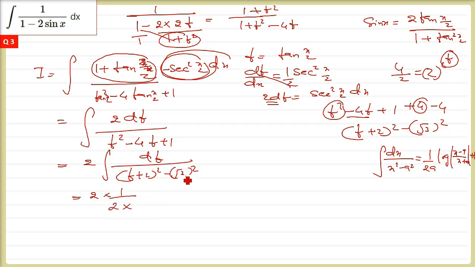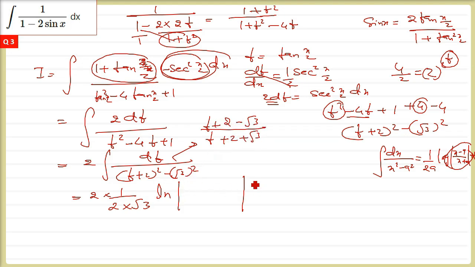So 1 by 2a, what is 1 by 2a? 2 root 3 ln, and then you have the modulus sign, and you can write this as x minus a by x plus a. So I'm writing it as t minus 2 minus root 3 by t minus 2 plus root 3. So t minus 2 minus root 3. It's not t plus 2. Please remember, I'm just going to change it. Whatever I'm saying is the correct thing.